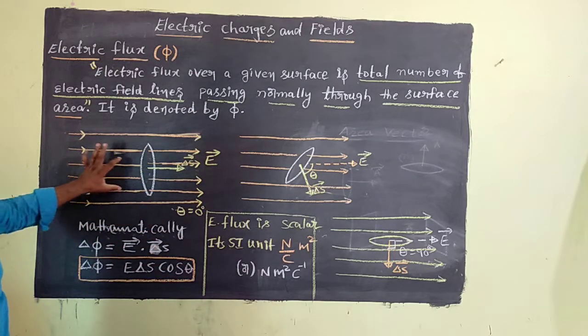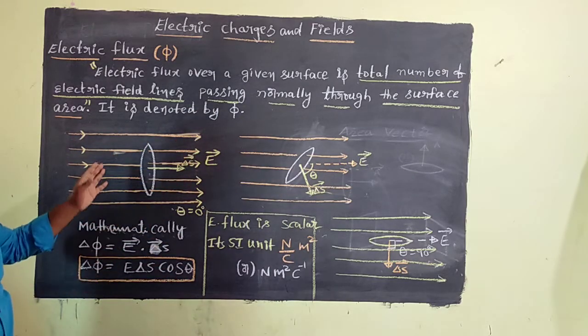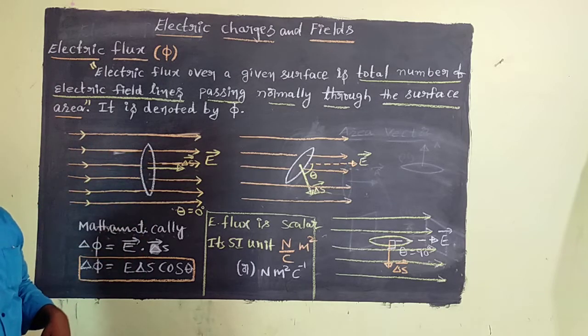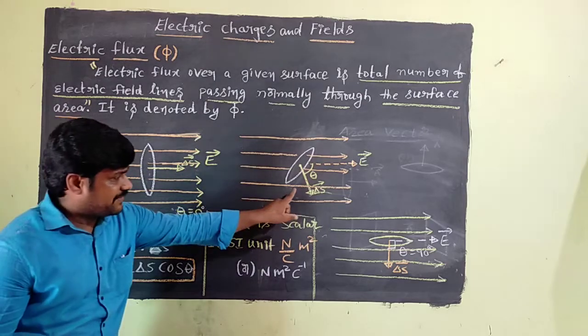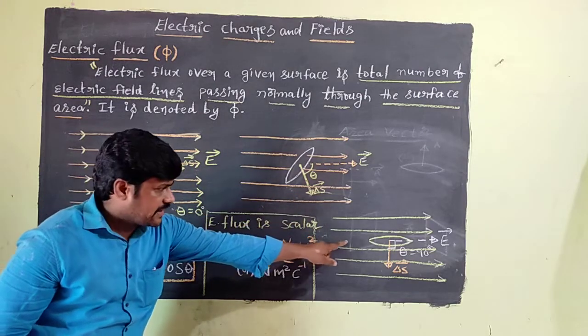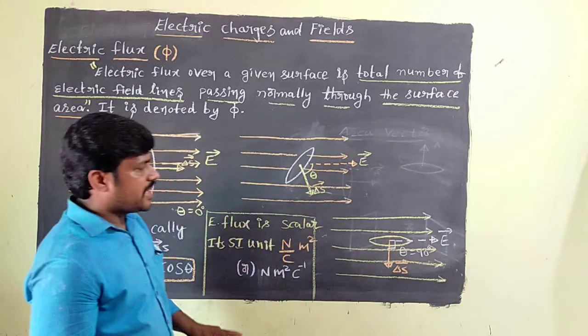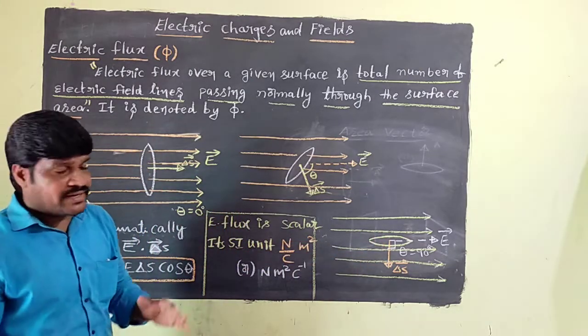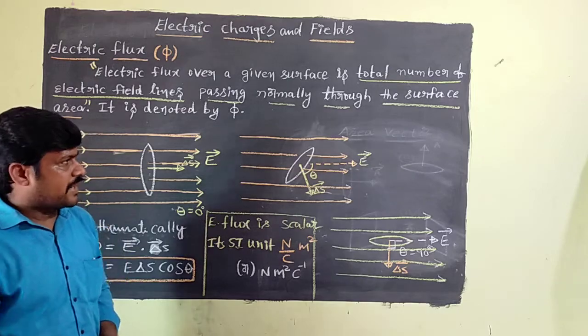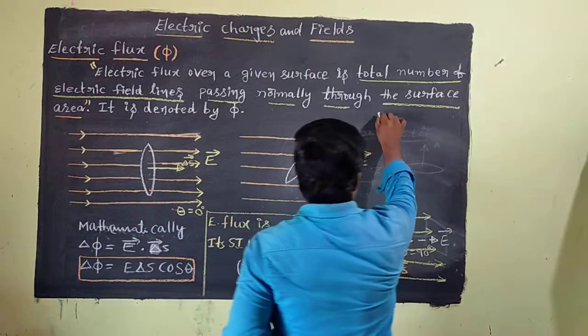Suppose the area vector direction changes from the direction of the electric field, then electric flux decreases. In the last class, no electric field was passing through the area, because of that electric flux is 0.